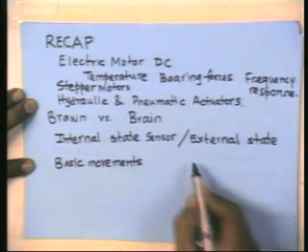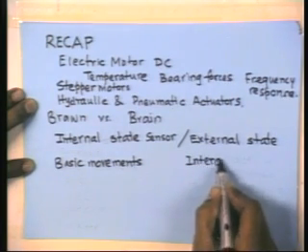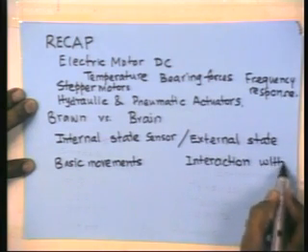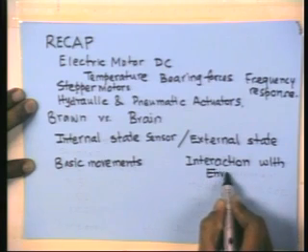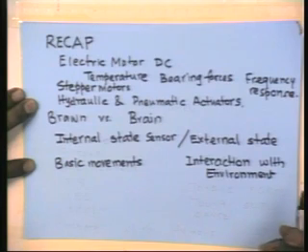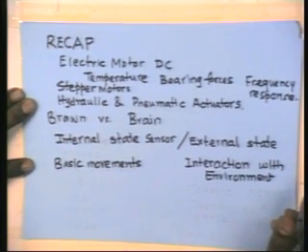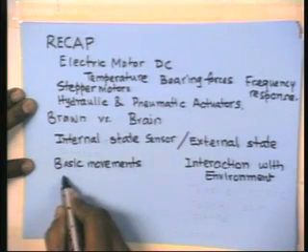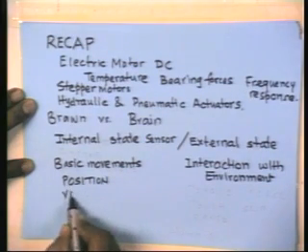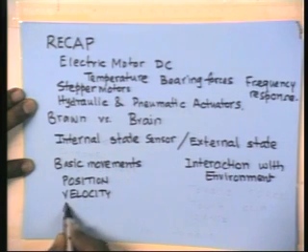Whatever helps us in interacting with the environment is basically looked at as something that is an external state sensor. The basic movements, of course, are position, velocity, and perhaps acceleration.